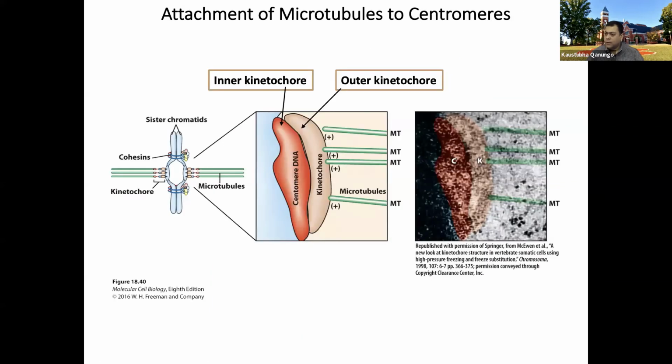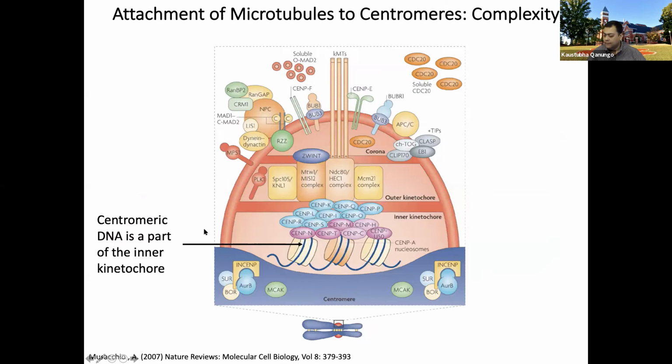So if you try to orient that, in this picture the structure is sideways, and in the next picture the structure is upward. That means the microtubules are coming from the top. So we are flipping this structure 90 degrees, that's what you are seeing. Now this is the kinetochore region, and these are the kinetochore microtubules coming from here.